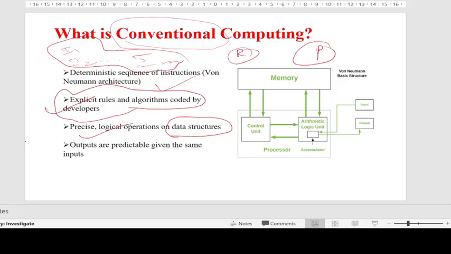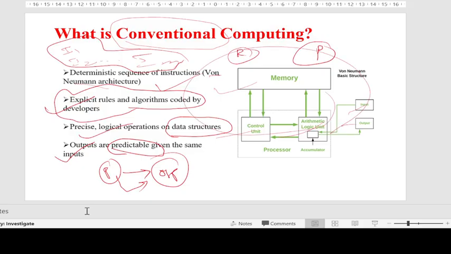The beauty of conventional computing is that we already know the actual output, so the output is predictable. For the program we have written, we can predict what the output might be. This architecture is explained by the von Neumann architecture: computer, memory, control unit, arithmetic unit, input, output.